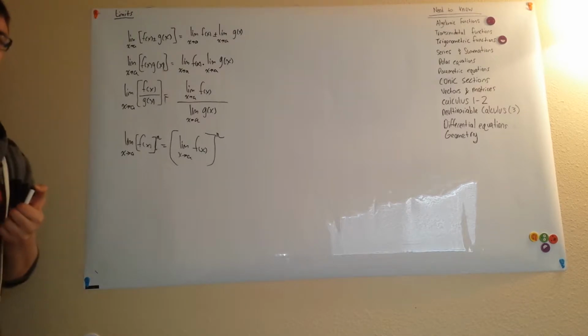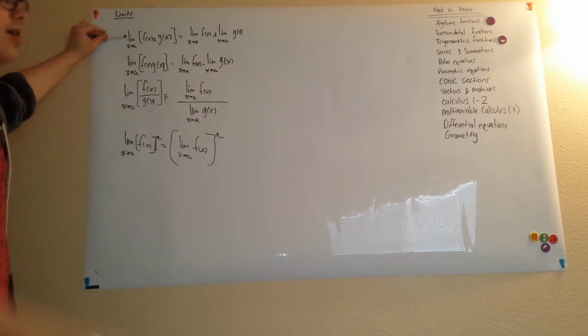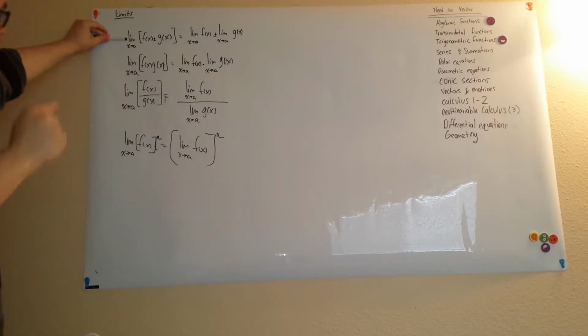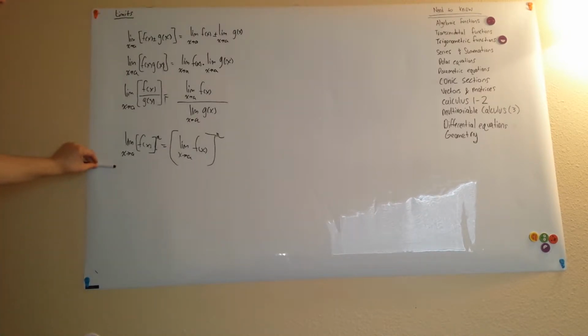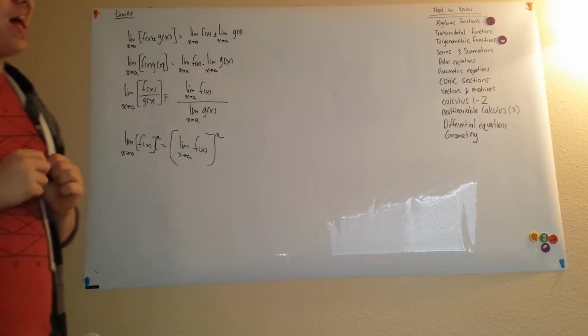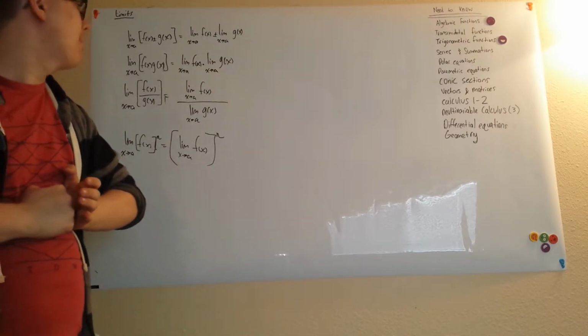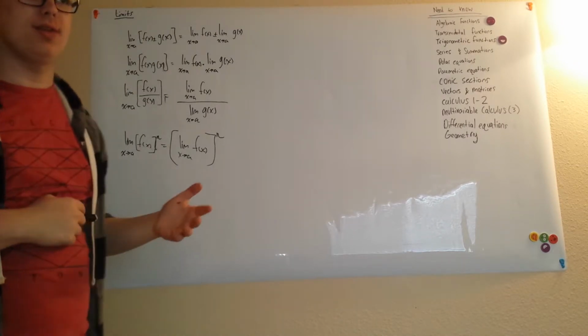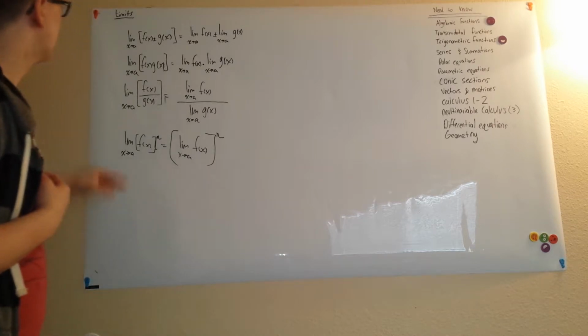Now, I'm going to be honest. Do I mentally, visually use any of these rules in the future? No. But I use them. But I don't make them look like this. And I'll show you what that means.